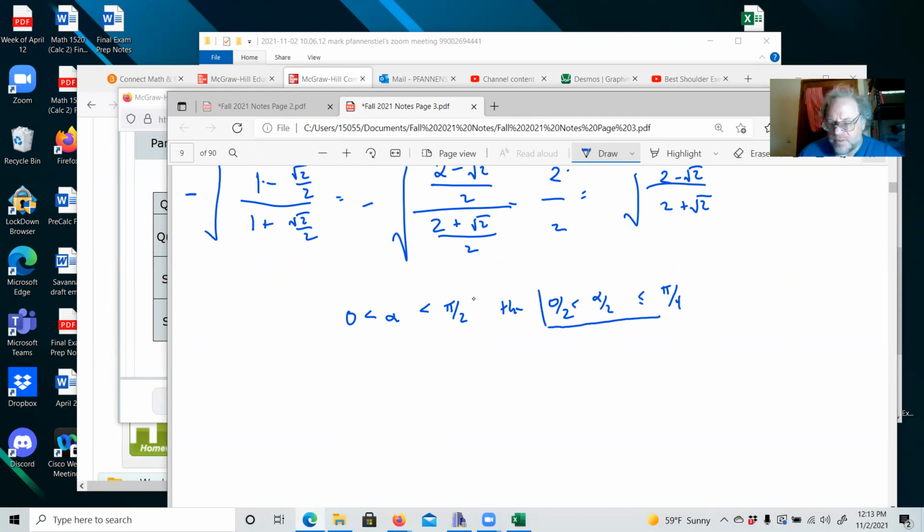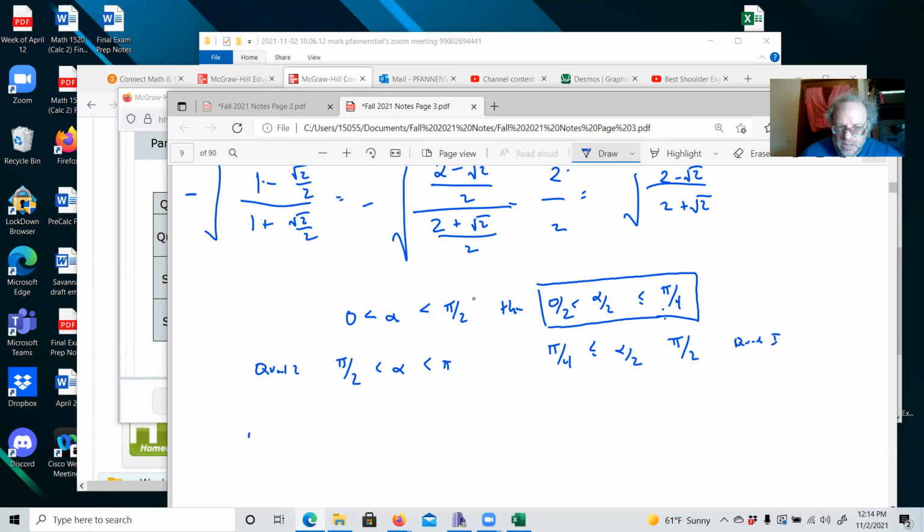So if alpha is in the first quadrant, alpha over 2 is in the first quadrant. Next, pi over 2 to alpha to pi is quadrant 2. If I divide everything by 2, I get pi over 4, so it's picking up where it left off, alpha over 2 to pi over 2. So if it's in quadrant 2, alpha over 2 is still in quadrant 1.